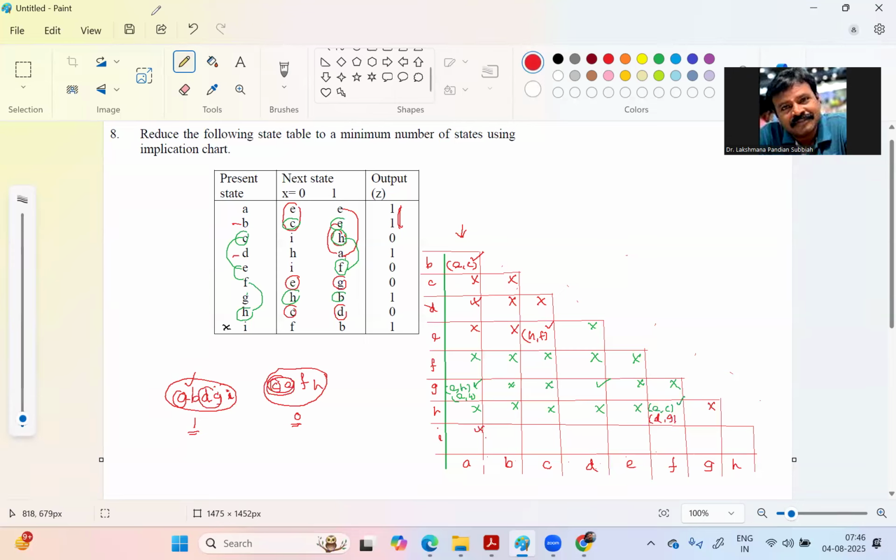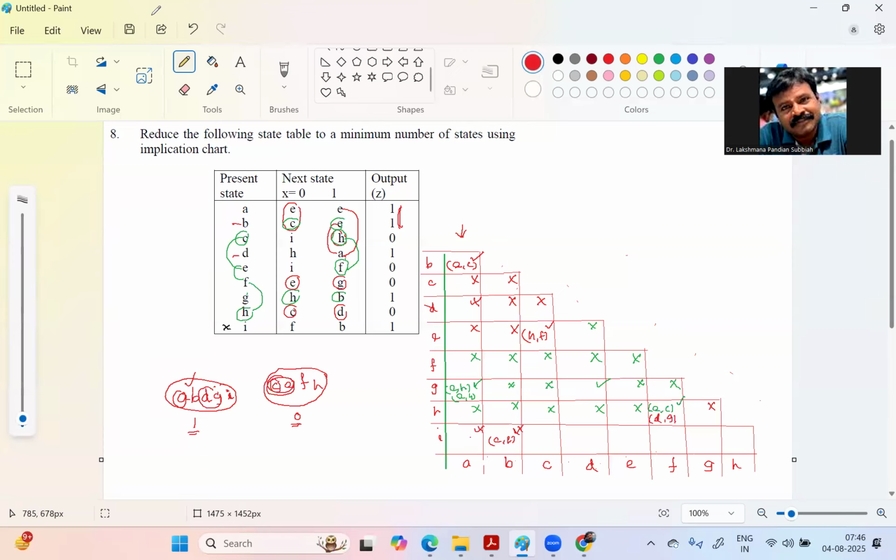B and I, B and I is same, then CF, this is CF, and then for B and I, right? So B and I, this is E and B. E and B is not possible. So this is not ruled out.